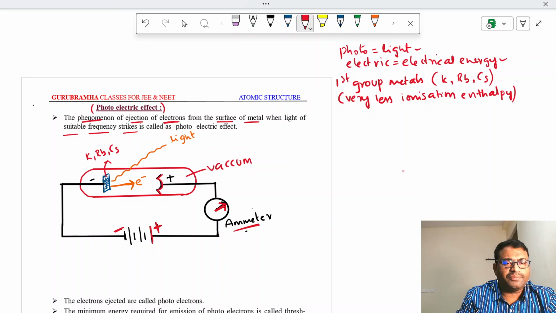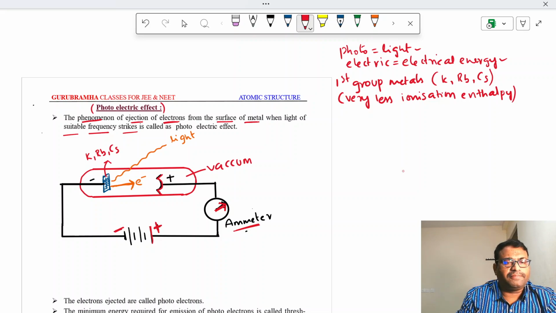This deflection also represents whether the electricity is flowing through the circuit or not. When it gets deflected, it shows that electricity is flowing. If this is not deflected, then electricity is not flowing through the circuit.